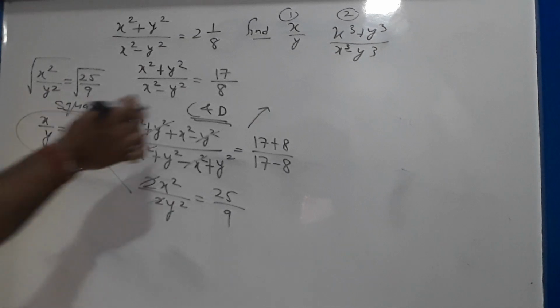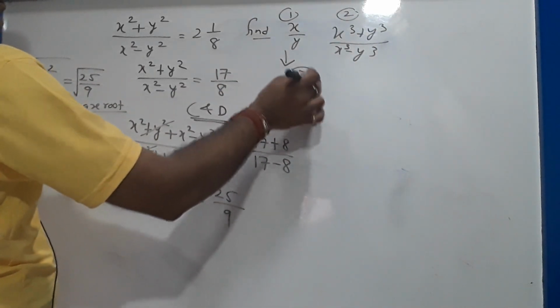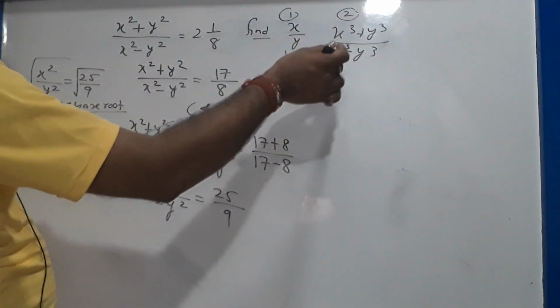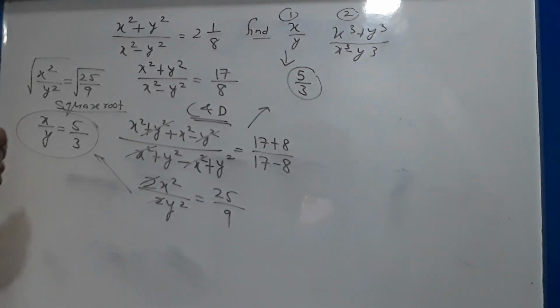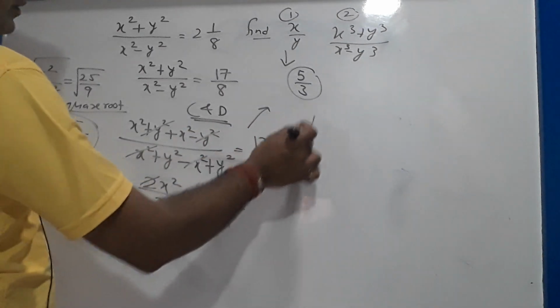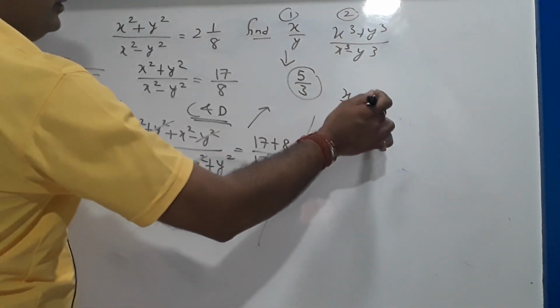Correct? x upon y is 5 upon 3. Follow? Now we want to find x cube plus y cube upon x cube minus y cube. So x upon y is 5 upon 3, correct?